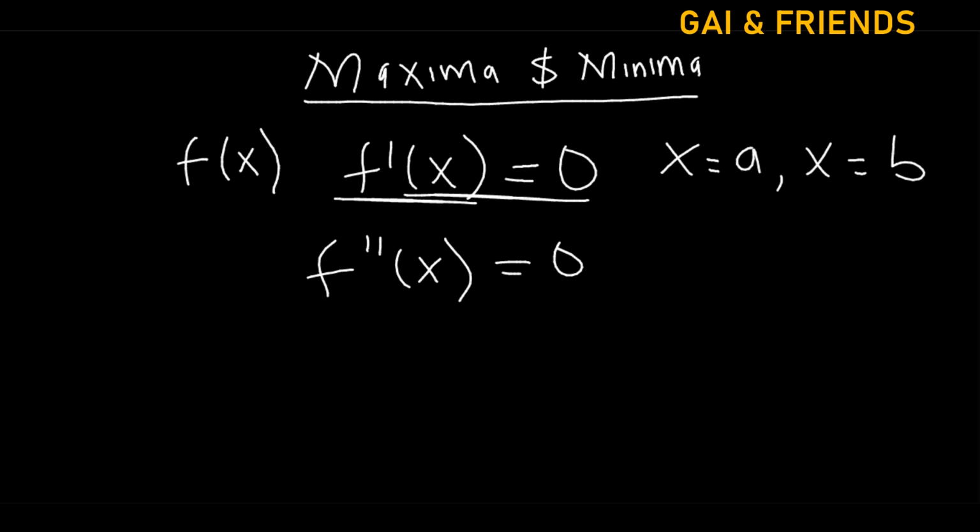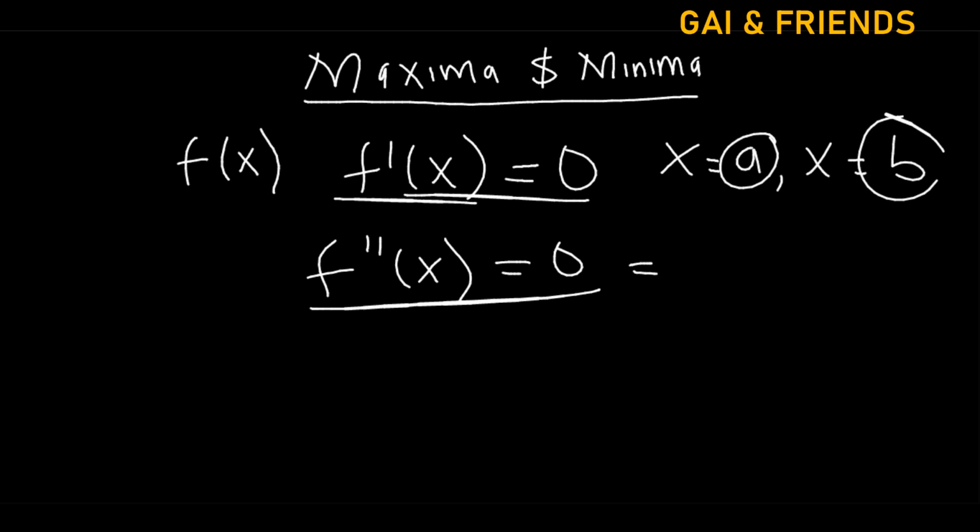First you plug in a, the first value of x, in your second derivative, and you're going to find either a maximum or minimum. Then you plug in the second value of x, which in this case is b, and you're going to find your maximum or minimum.